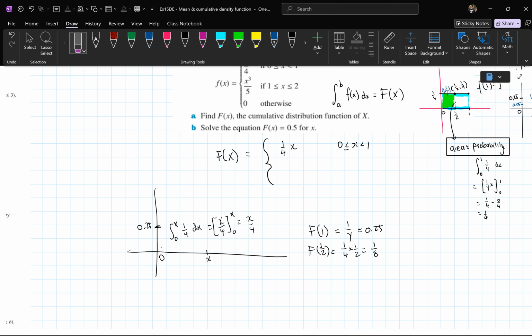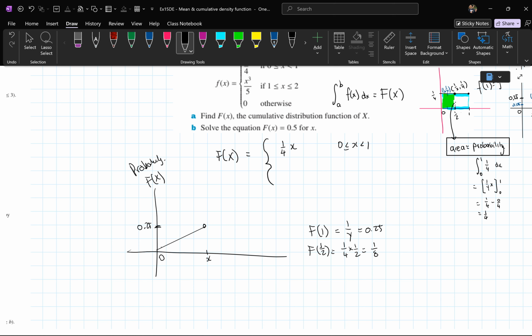So this is a changing function that represents the area. Okay, so all I'm saying is that if you were to sketch it, a quarter x just looks like this, which is different. Because remember, this represents capital F of x, which is the probability. And how do you find capital F of x? It's just the integration of the curve.